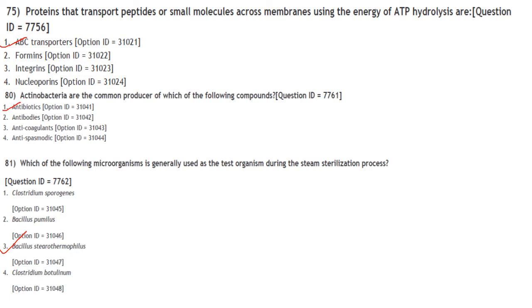From 76 to 79 it is fermentation technology and I am not good with the subject, so I have not answered that. Okay. Then next one. Which of the following microorganisms is generally used as the test organism during steam sterilization process? It is Bacillus stearothermophilus. Answer is option 3.